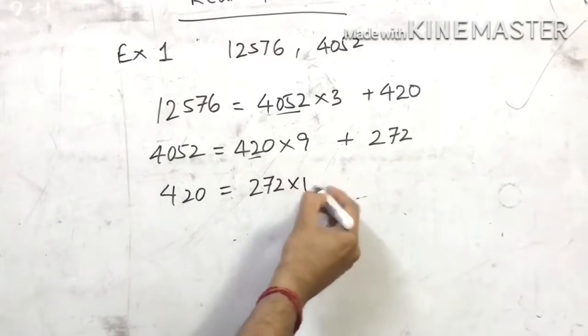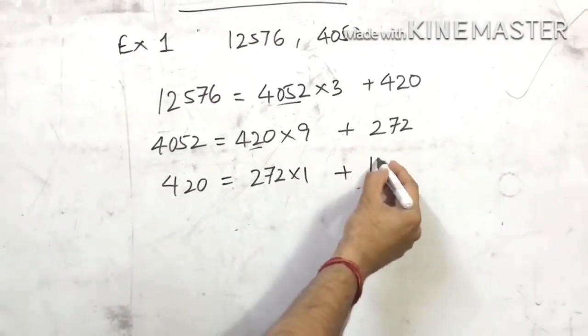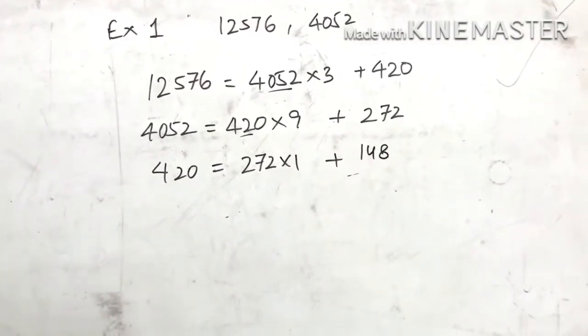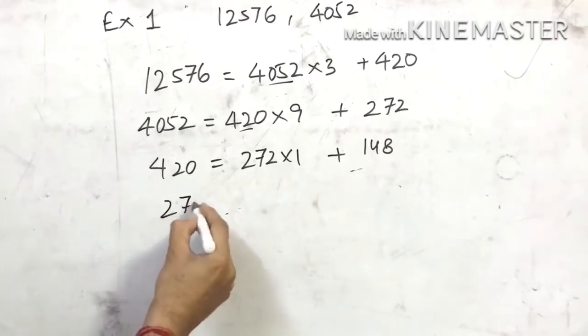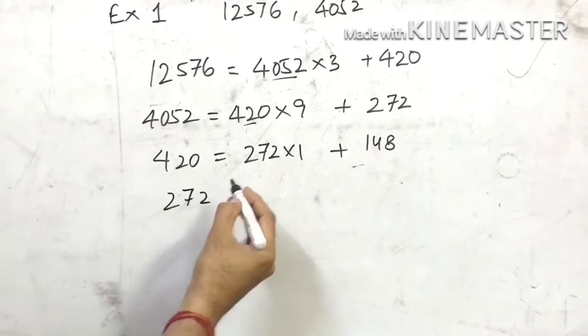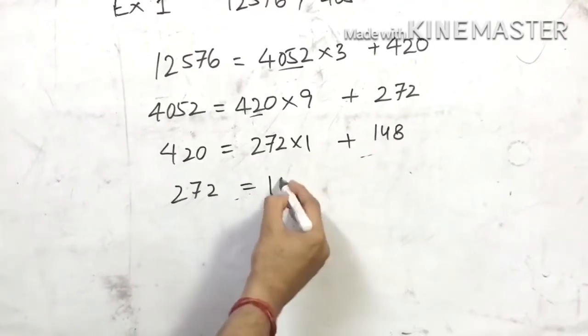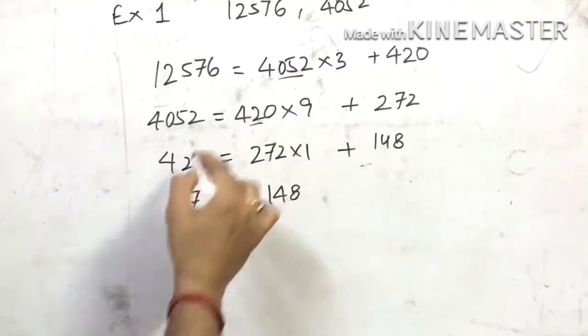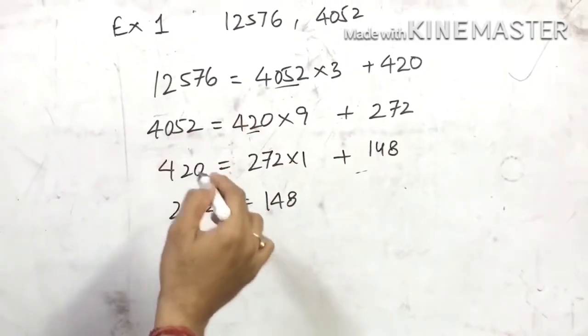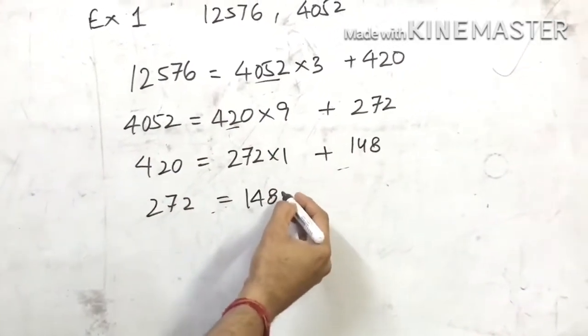By which number you will multiply and what remainder will come, you can calculate by doing it on paper. Then you will bring again and again, you have to do same thing. This number you have to bring as a dividend. Now by which number you will multiply?